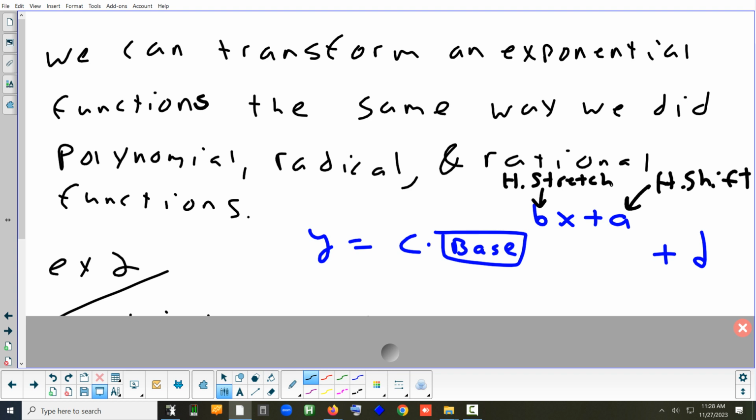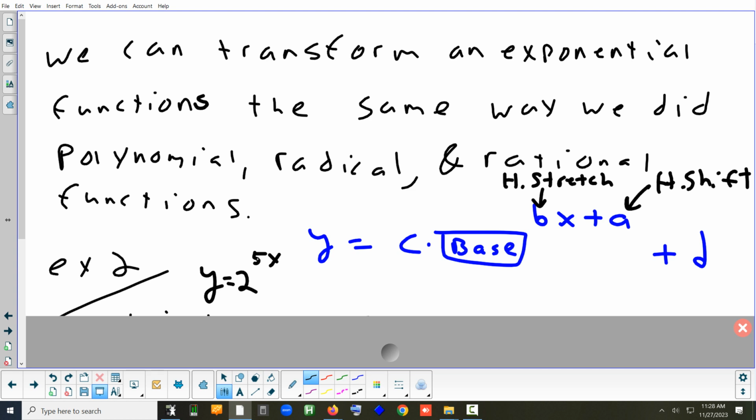And remember, a and b are backwards. So if you make a positive, it's going to move it to the left, and negative would move it right. The bigger you make b, the more compressed the graph gets. So if you do 2 to the 5x, that's a horizontal compression by 5.